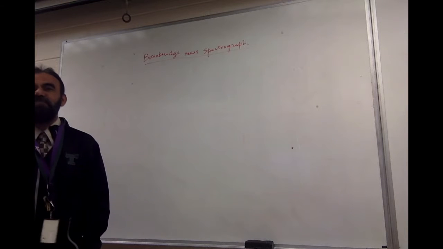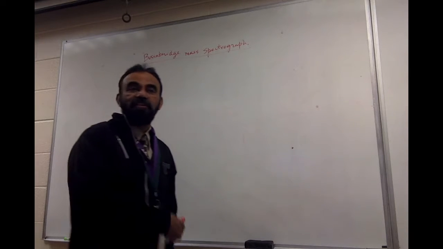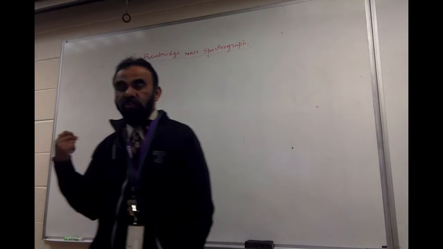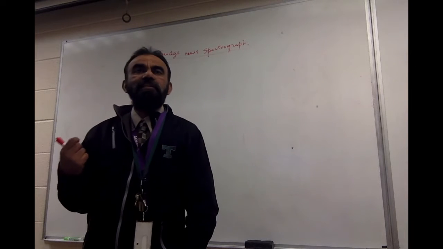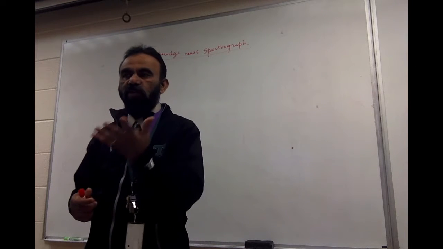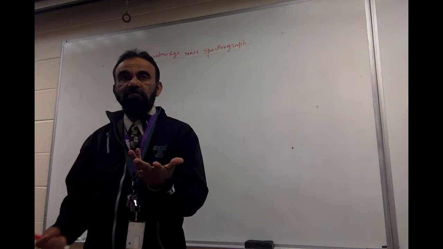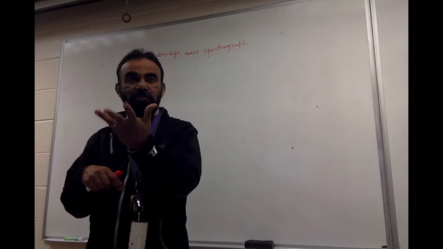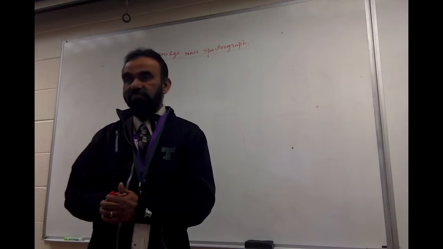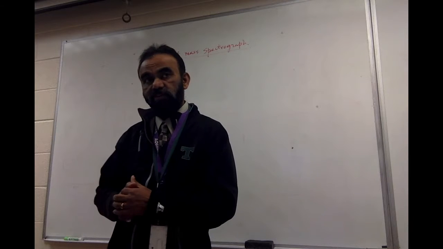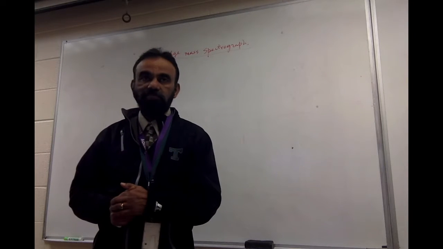So let's come back to this mass spectrometer. How do you scoop these electrons? How do you create charged particles? You can create charged particles by radioactive methods. If you send some radiation onto some particles, they can get stripped of electrons and get ionized.